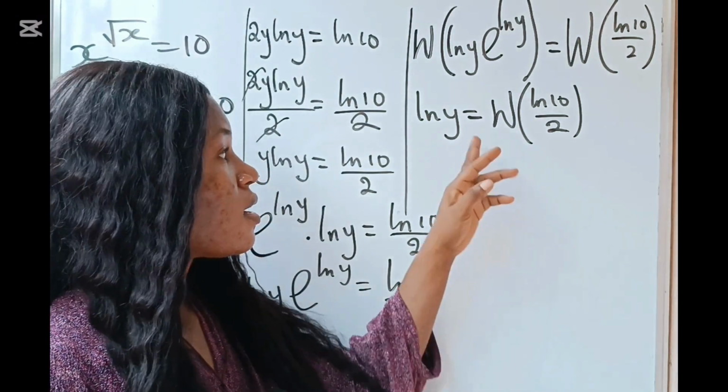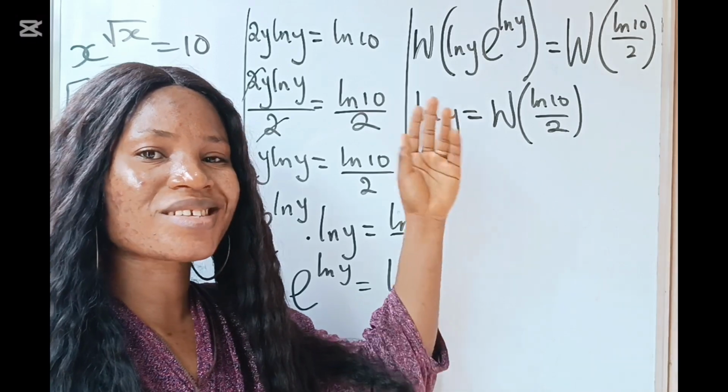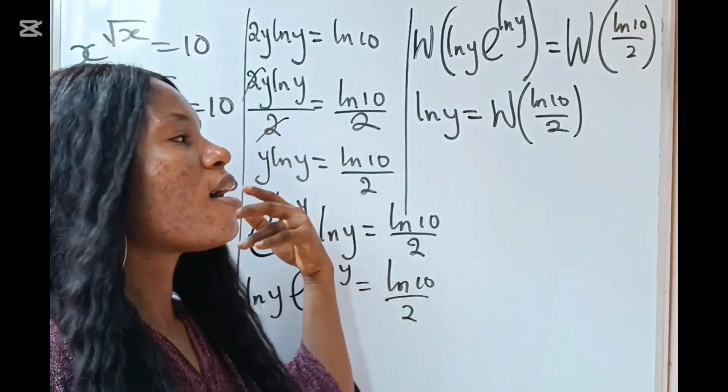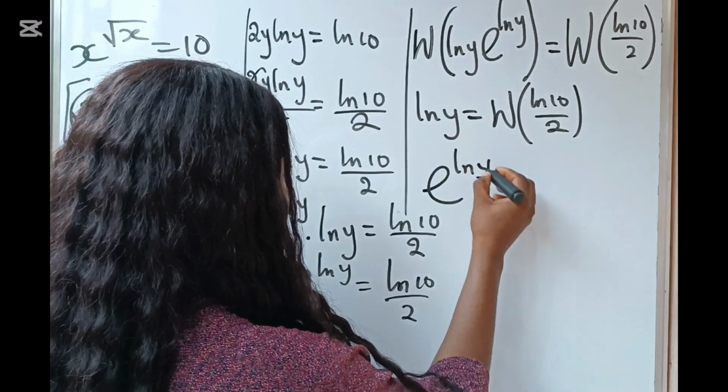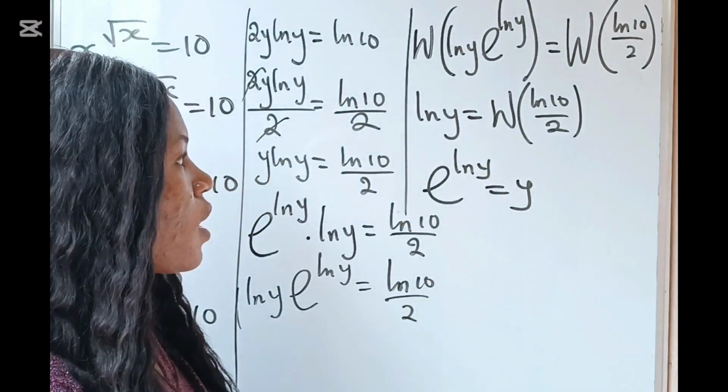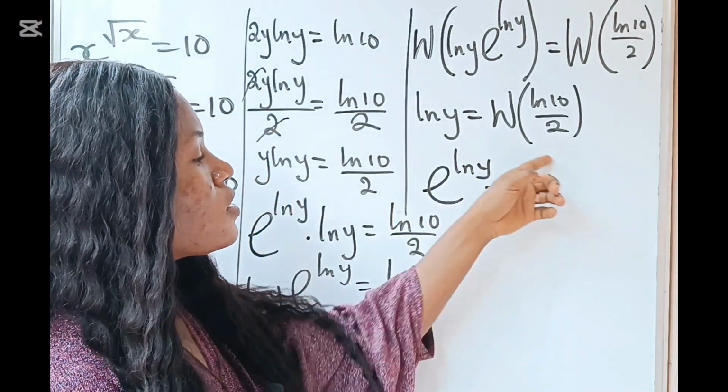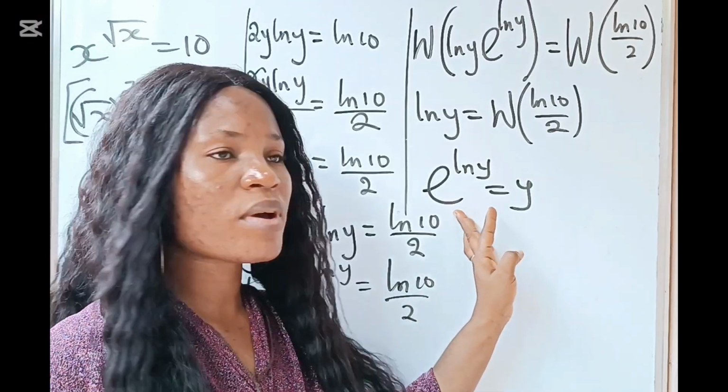Before that, let's get y first before we start substituting the value of our y. Now recall that when you have e raised to the power of ln y, you are going to get y. So we raise each side of this equation to the base of e.